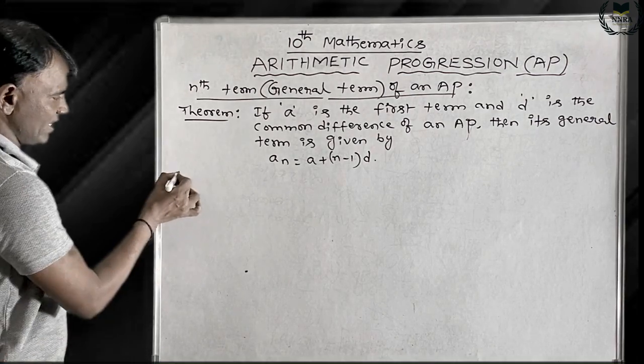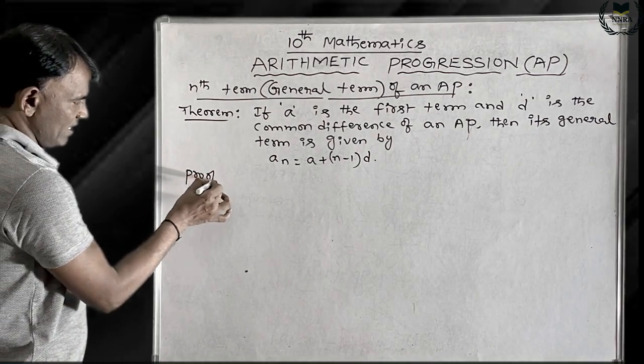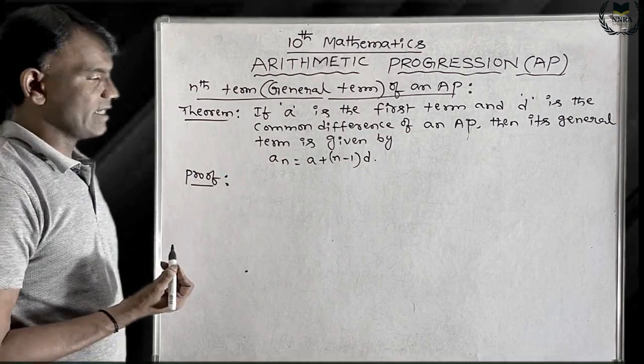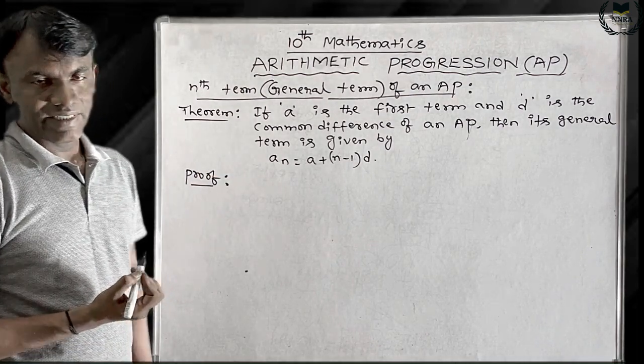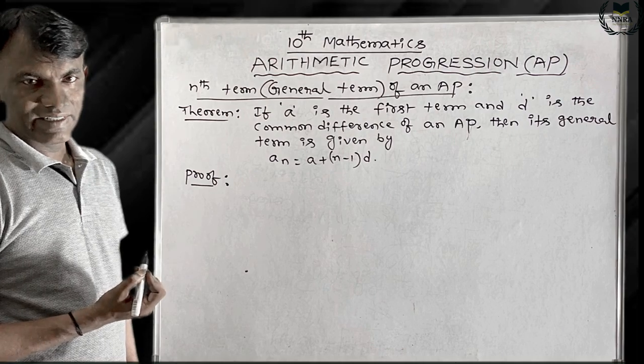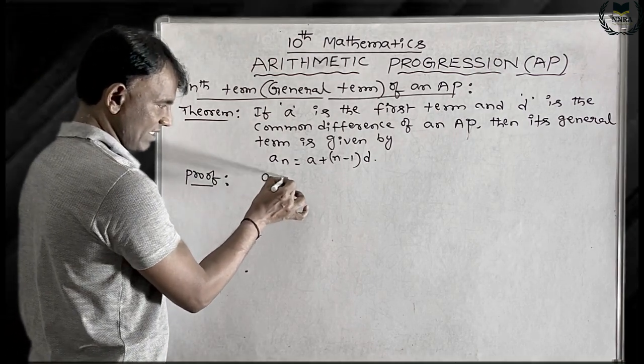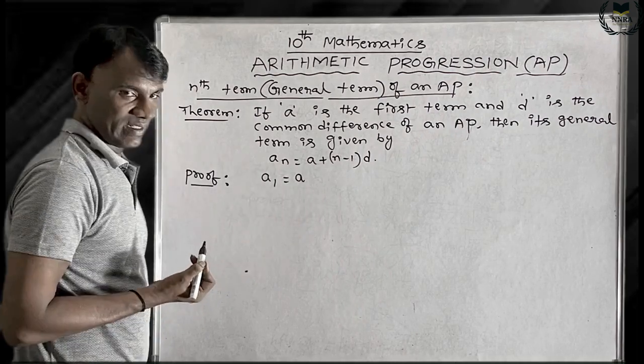Okay. Now see the proof. It's very simple. What is the given data here? a is the first term, d is the common difference, right? Generally, the first term can be written as either a or a1.